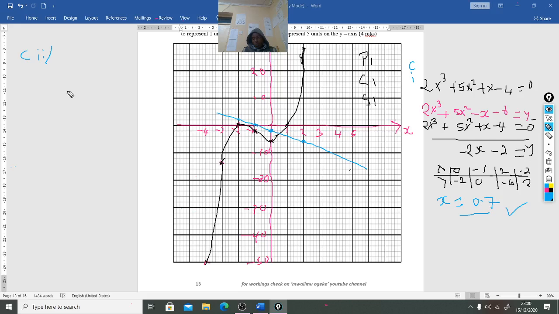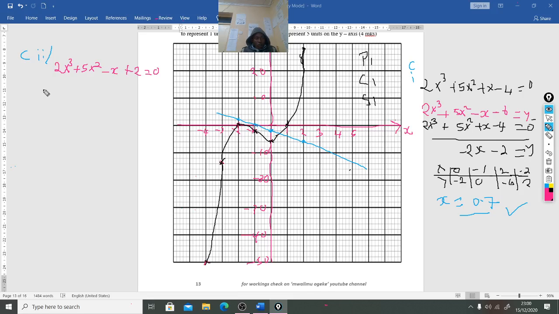We are still asked to use the graph, so that we use the graph and solve 2x cubed plus 5x squared minus x plus 2 equals 0.